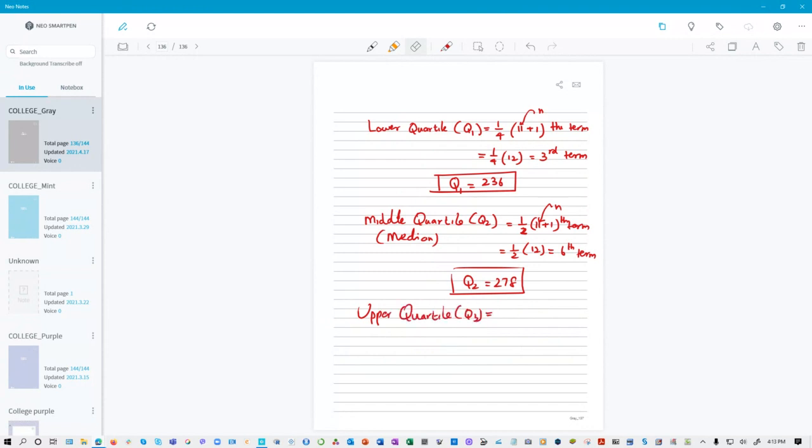And if you want the upper quartile, which is Q3, it's nothing but 3/4. Actually, the second one you can say is 2/4. It's the same thing, 2/4 is the 1/2. So 3/4 of the (11 plus 1) term, where 11 is the n again. That means 3/4 times 12, which is the 9th term in that data set.